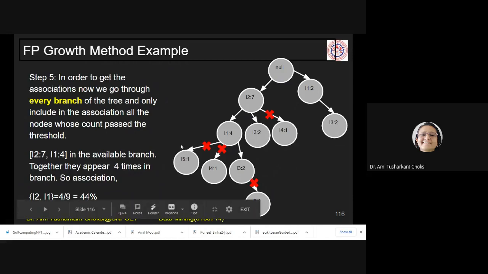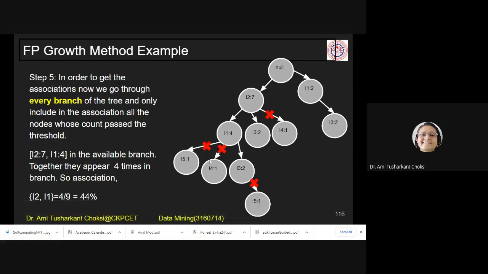I2 7, I1 4, that is available for all these branches. But this I5 is 1. Is it satisfying the minimum support condition? No, it does not. Because minimum support given is equal to 2. So cross this branch.